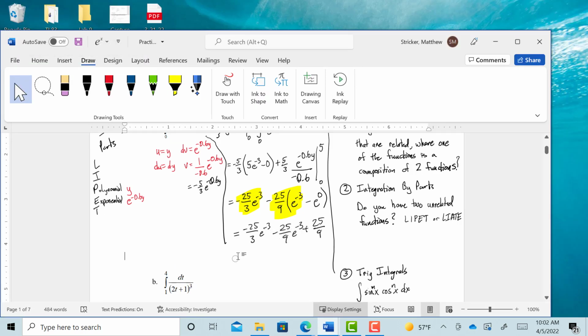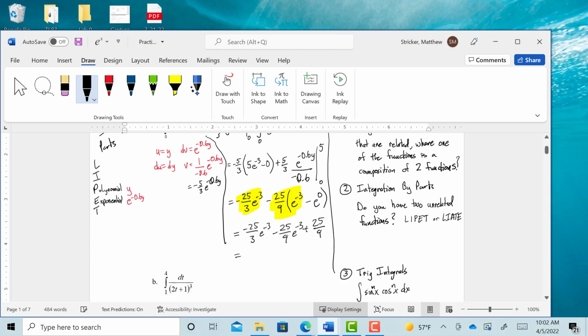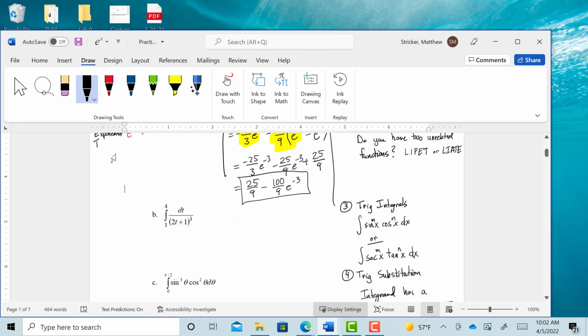So this gives us a final answer of 25 over 9 minus 100 over 9 e to the minus 3rd, combining like terms. All right, so that's the first one. Let's look at the next one.